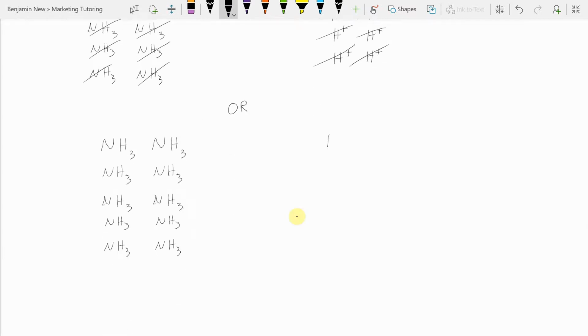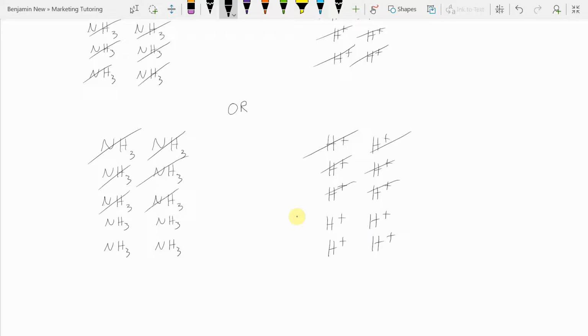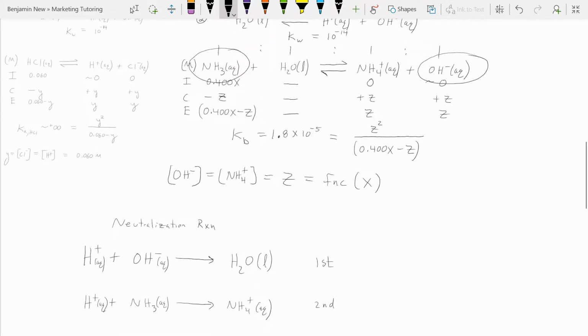We can just do this. Instead, all of the H pluses consume all of the ammonia. So one by one, each of the H pluses consumes all of the ammonia. Okay, so really what we can do, we can just do that.